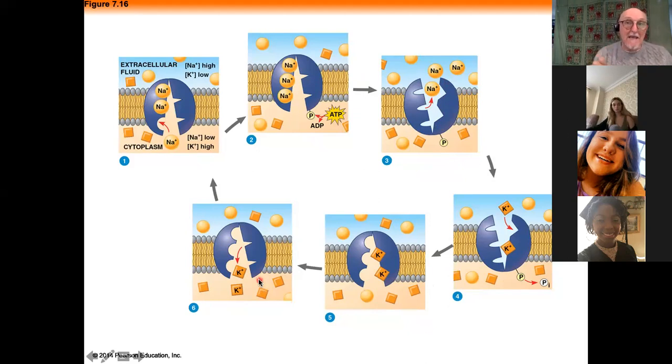The take-home point from all of this is that this system is pumping ions, pumping sodium, and pumping potassium to areas that are already high in concentration. And the only way it can do that is by having that protein be activated and energized by binding of phosphorus from ATP.